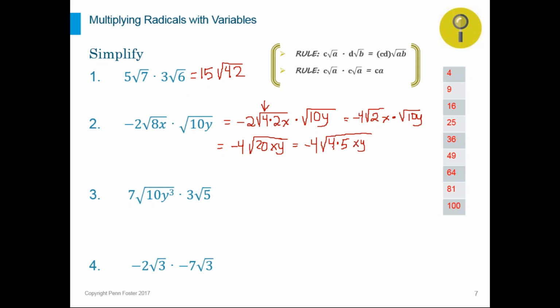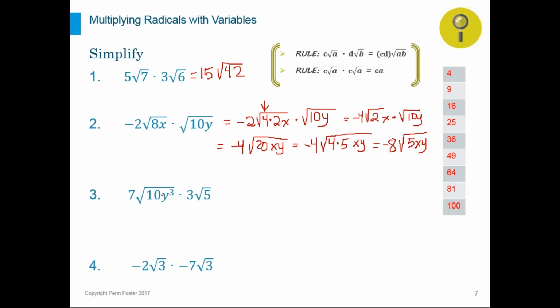So I can take the square root of 4, which is 2. 2 times negative 4 is negative 8, and then everything else will stay under the square root sign. And your final answer would be negative 8 times the square root of 5xy. Any questions? Anything that was not clear in that problem?